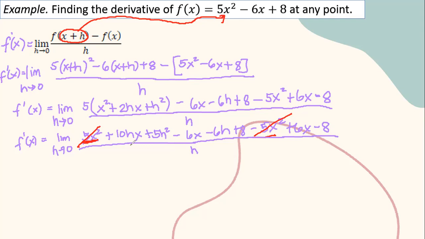So 5h squared. So ang matitira ay si 10hx, wala siyang katulad na variable. Okay, 5h squared, walang katulad. So negative 6x tapos positive 6x makaka-cancel out.